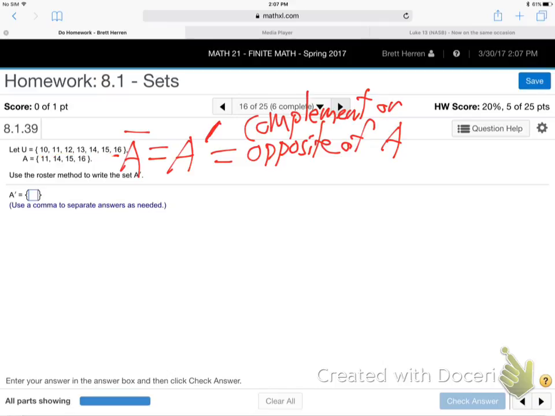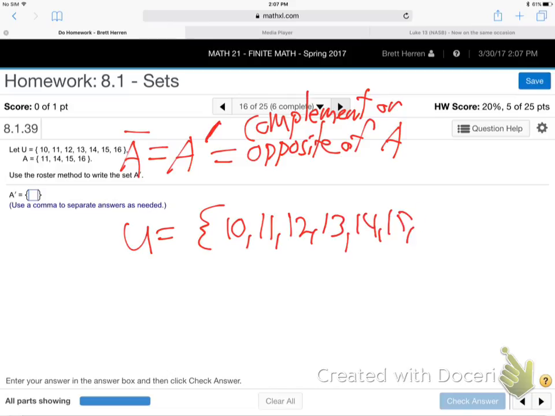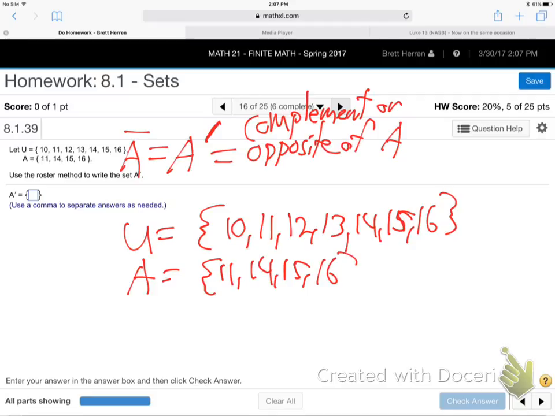They're giving me the universe. They're saying the universe, everything under consideration that's even possible in the problem, is 10, 11, 12, 13, 14, 15, and 16, just 10 through 16. Okay, so if A then is 11, 14, 15, and 16, maybe those are the people that got A's on the last test.